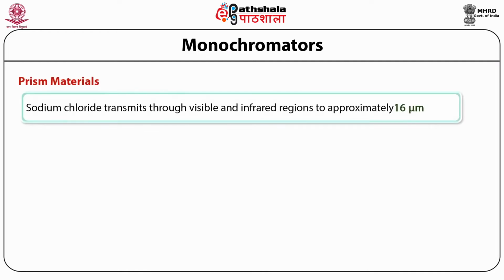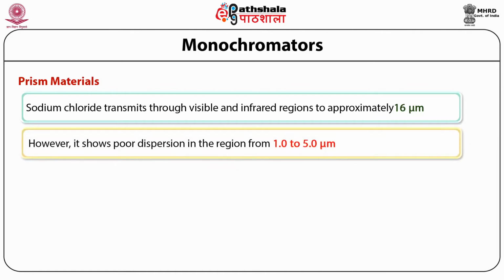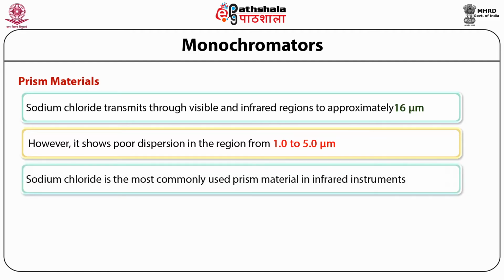Sodium chloride transmits all the visible and infrared region to approximately 16 micrometers. However, it shows poor dispersion in the region from 1.0 to 5.0 micrometers. Sodium chloride has been the most commonly used material in infrared instruments.